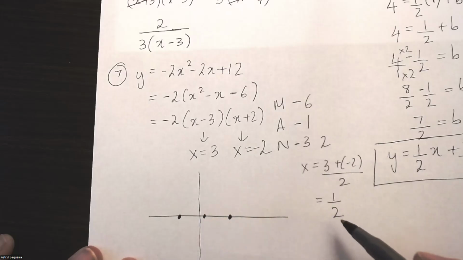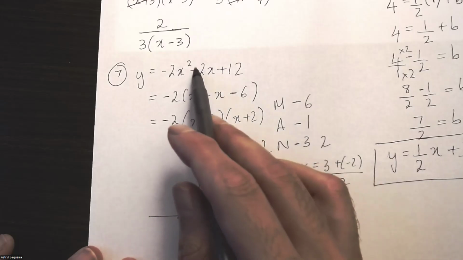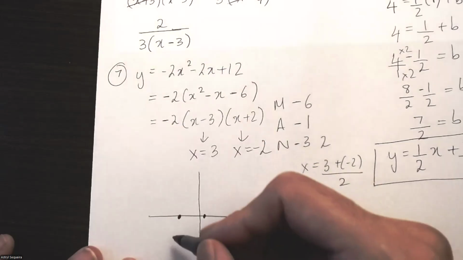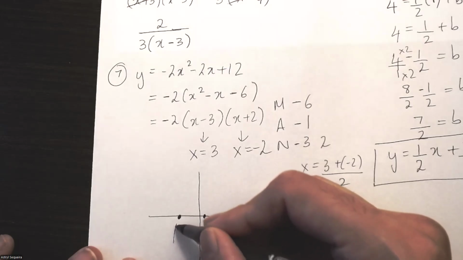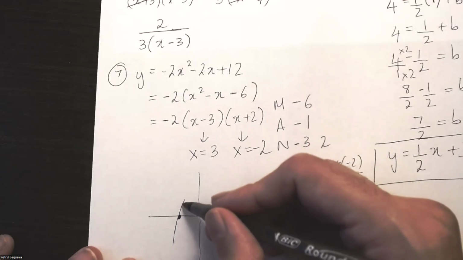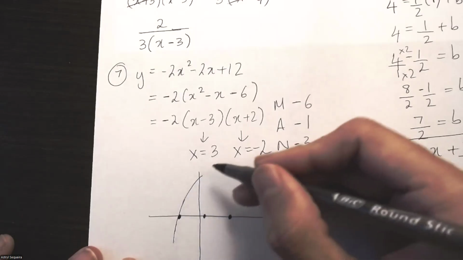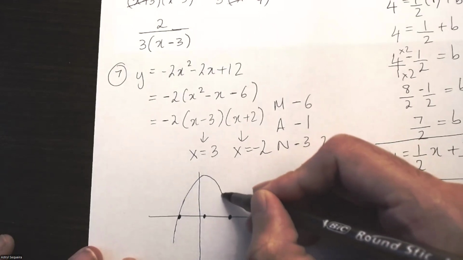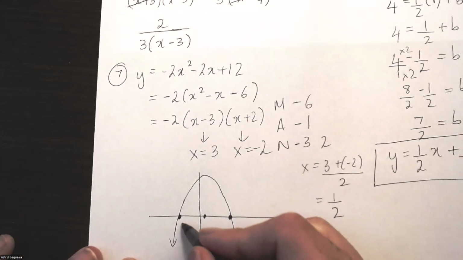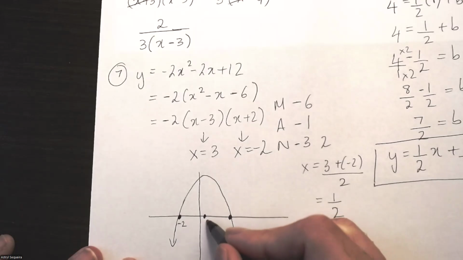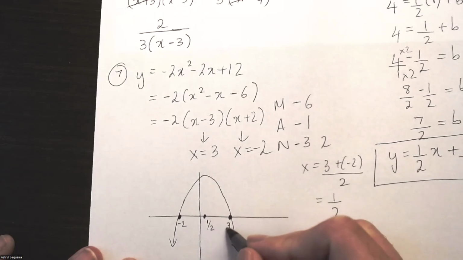To find the y value of the vertex, I can sub this back into the original equation. I'm not really sure that would be required for a multiple choice question because it would be kind of obvious. But we can start the sketch over here. So that's -2. That's 1/2. That's +3.